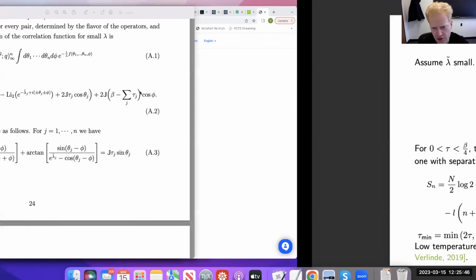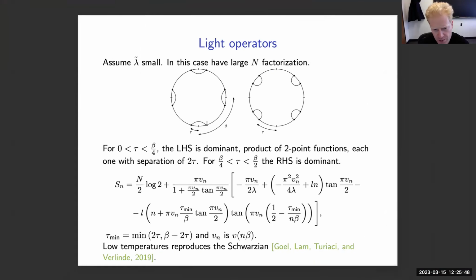So let me still share. The fact that you connect this point to this point, it's like you have a geometry that connects this part with this part, and only then this operator can go from here to here. So the picture that they drew is very similar.